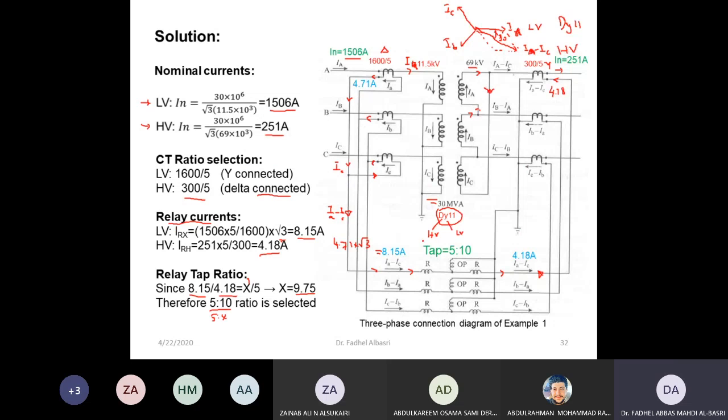Now we are done with the connections, correction of phase and correction of magnitudes.